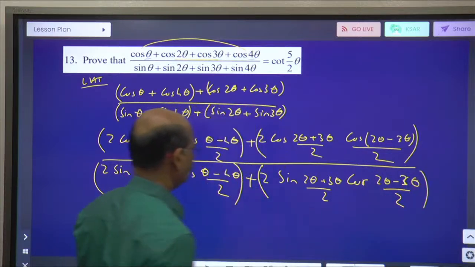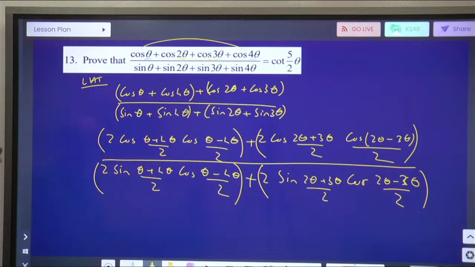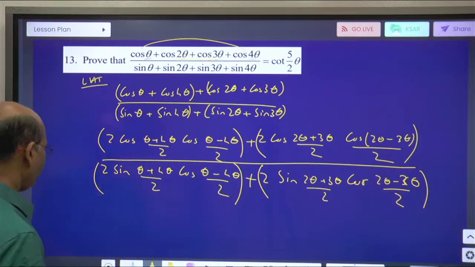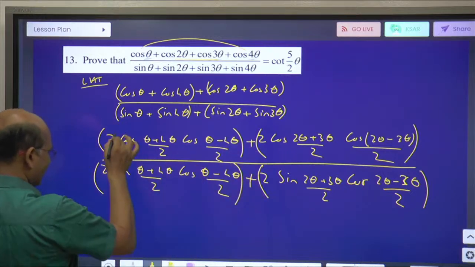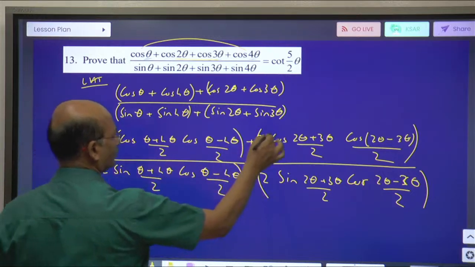Now just a second, I am writing in a very small format. If you look at this, 2, 2, 2, 2, I can cancel this 2 after taking out common.